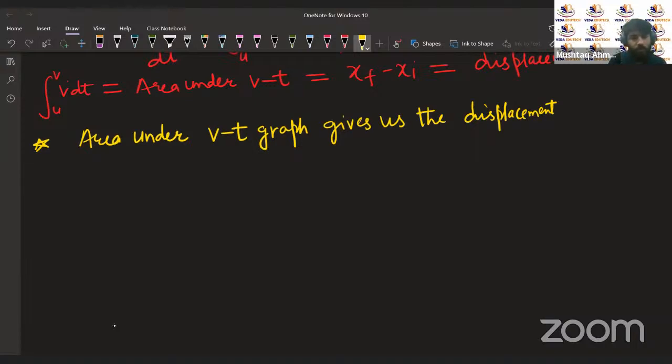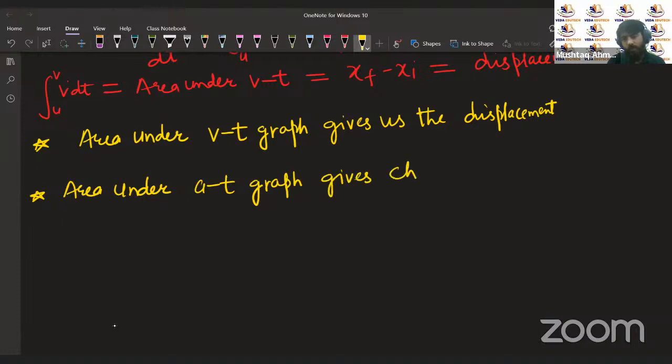And one more important point: the area under the acceleration time graph gives the change in velocity.